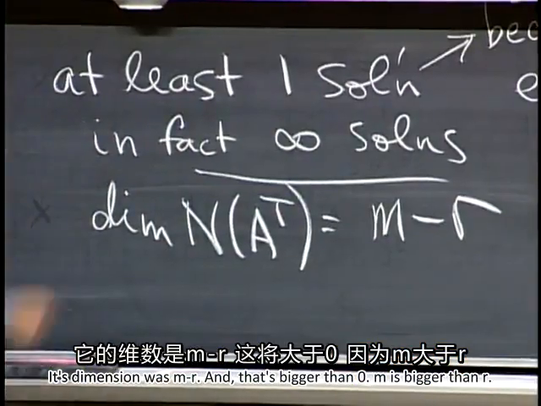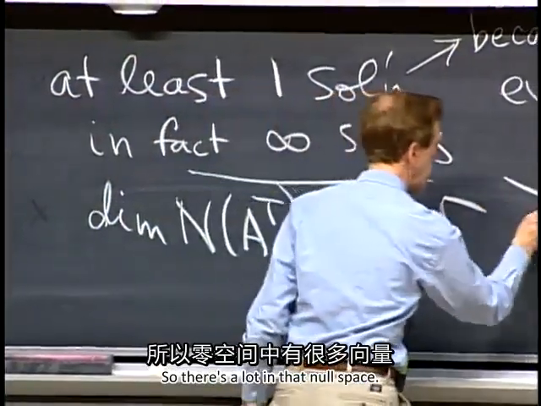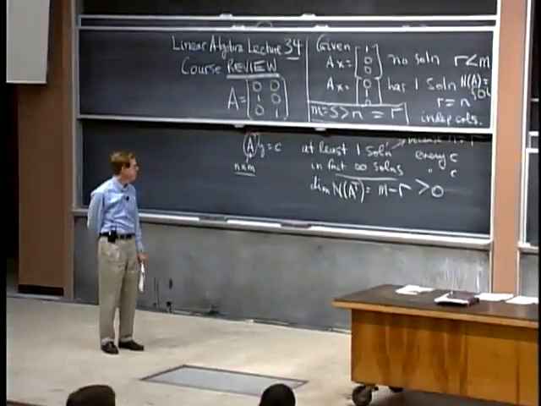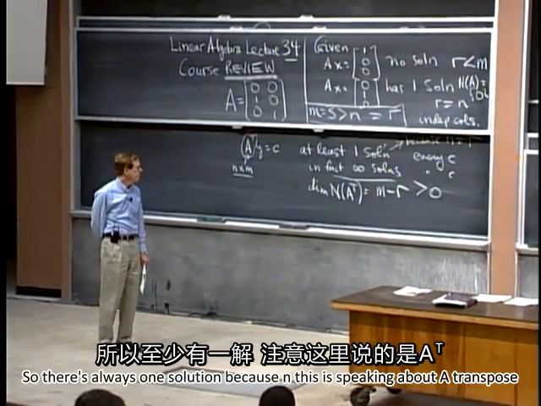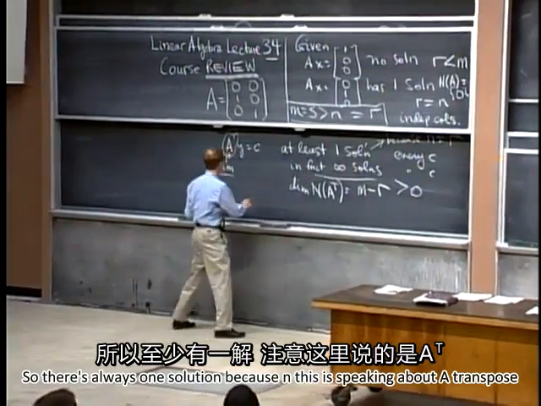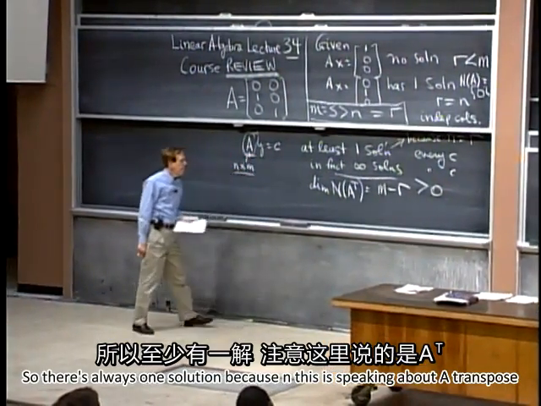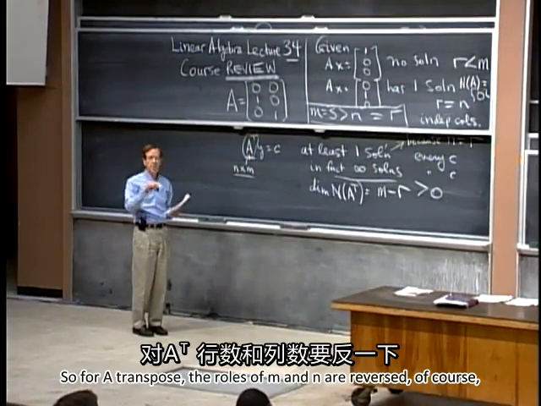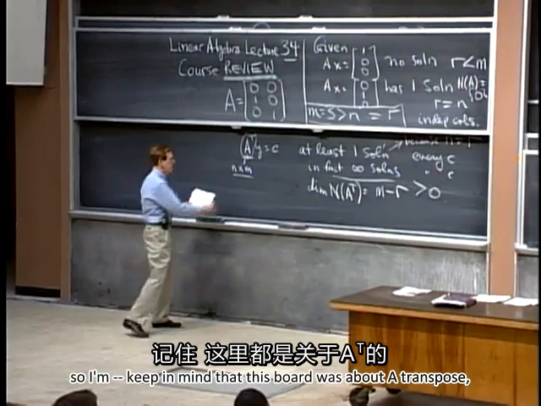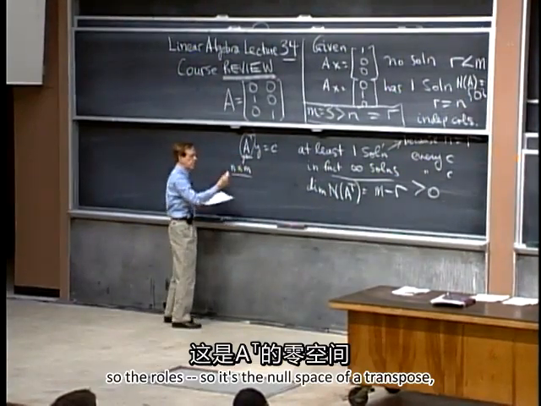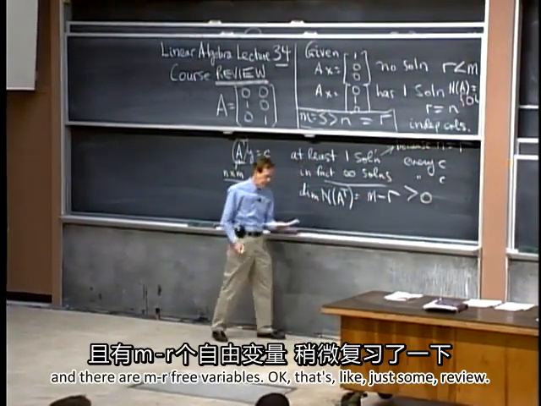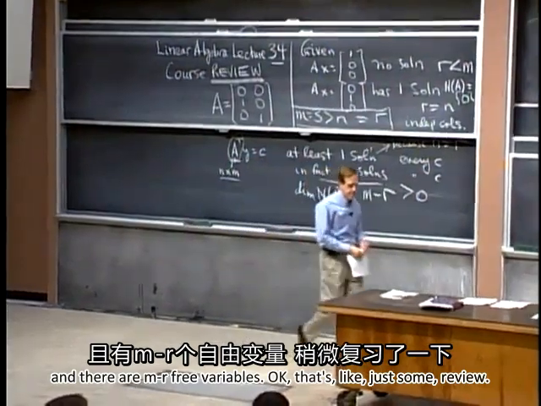And that's bigger than 0. m is bigger than r. So there's a lot in that null space. So there's always one solution because, and this is speaking about A transpose, the roles of m and n are reversed, of course. So keep in mind that this board was about A transpose, so it's the null space of A transpose, and there are m minus r free variables. Okay, that's just some review.